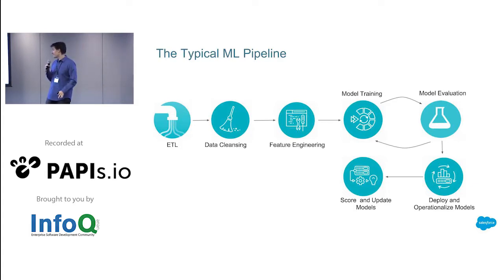So there's a lot of DevOps challenges in the last two that I won't really touch on, but feel free to ask me what can go wrong there after the talk, and I have plenty of stories there. Also, I'll mostly be talking about the top-ish row, and mostly the data cleaning, feature engineering, model training type stuff.